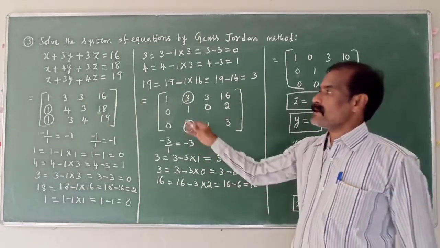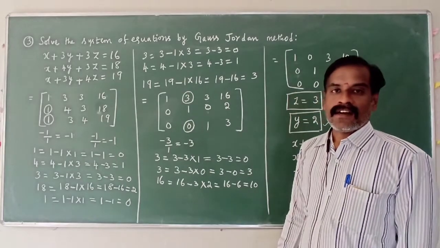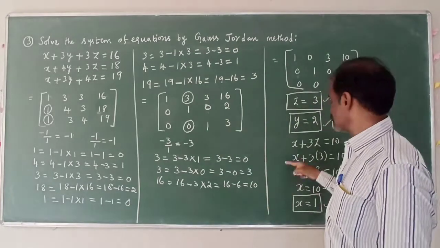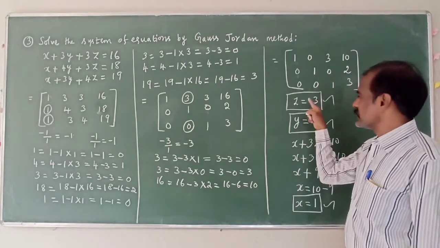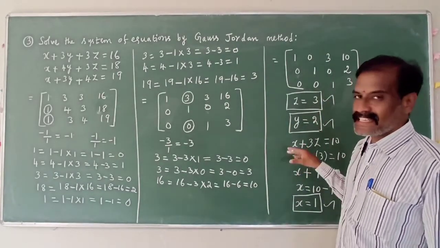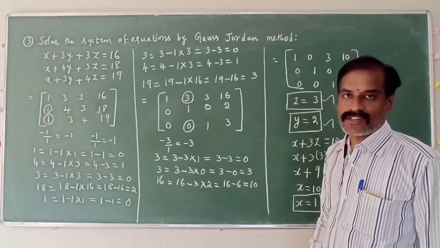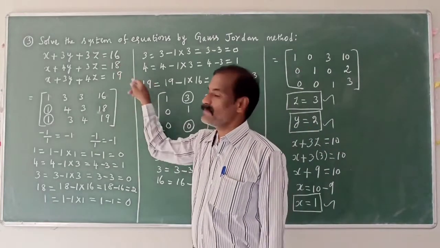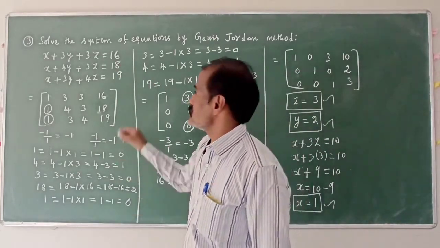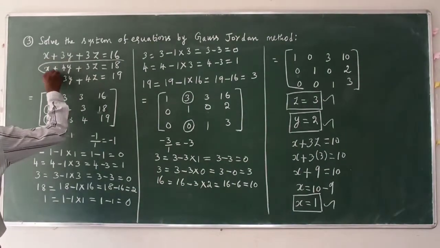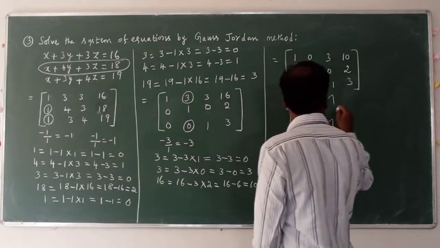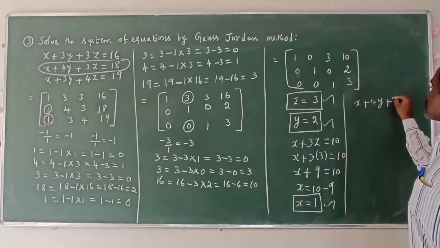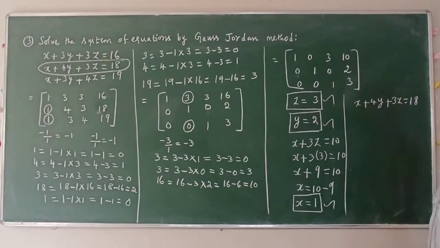The given simultaneous linear equations solved using the Gauss-Jordan method give x value 1, y value 2 and z value 3. Now to check whether the result is correct or not, we substitute these values in any one of the three equations. I take the second equation: x plus 4y plus 3z equal to 18.